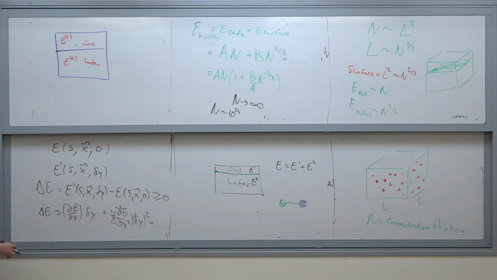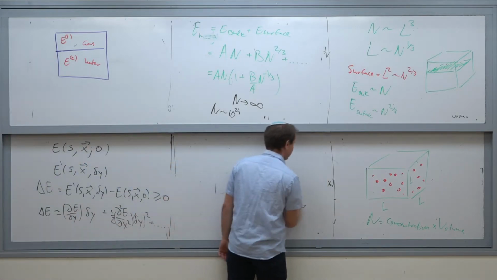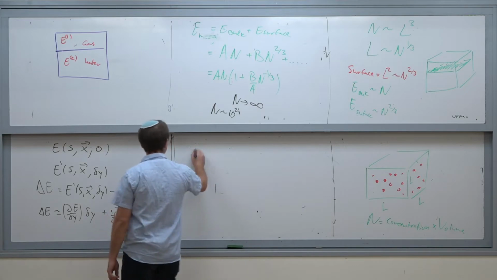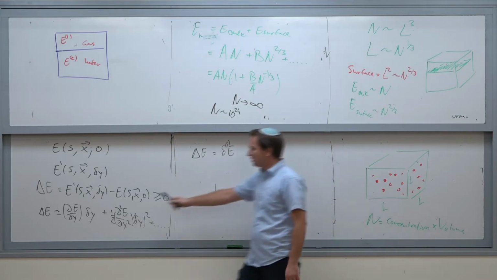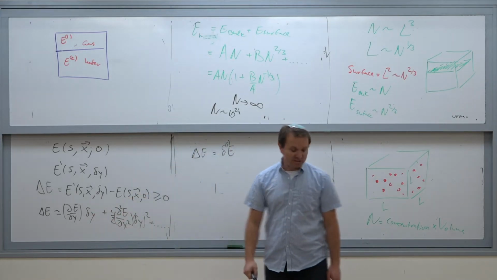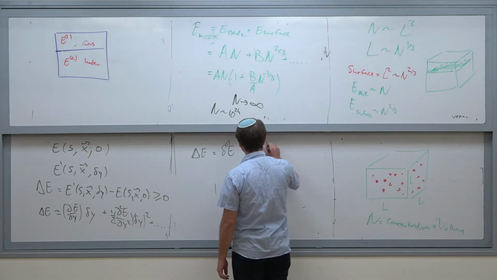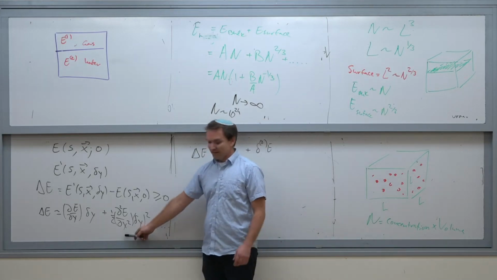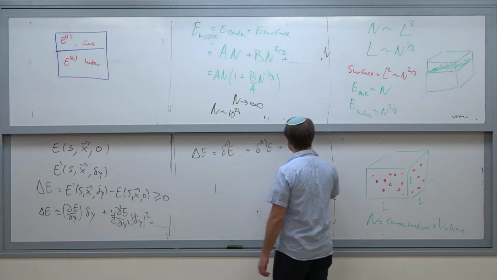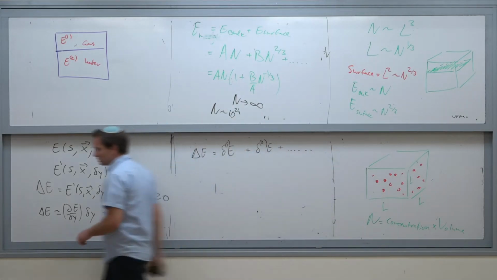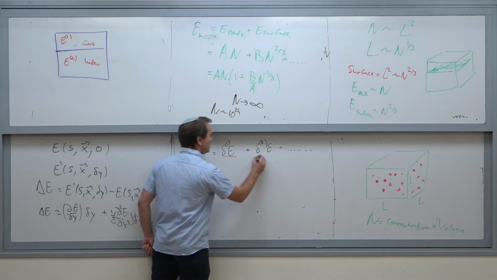In this language of variations, delta E is the first variation, which is simply the derivative of energy with respect to y, plus a second variation of E, which is basically the second derivatives of E with respect to different y's, plus etc. What we are going to explore is the first variation and the second variation.